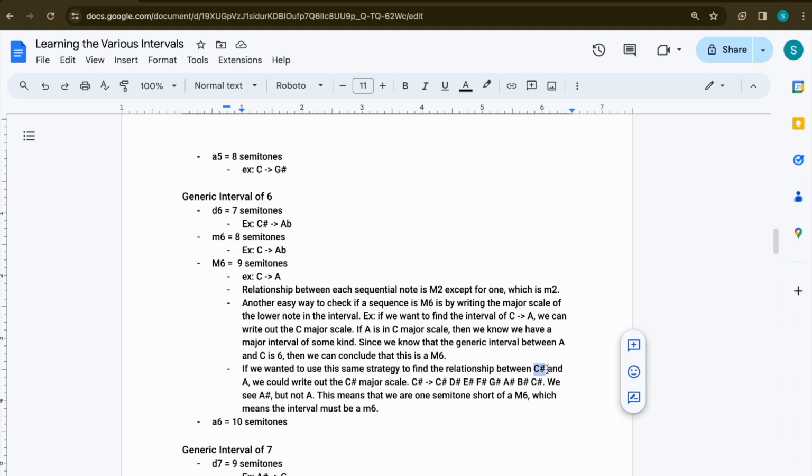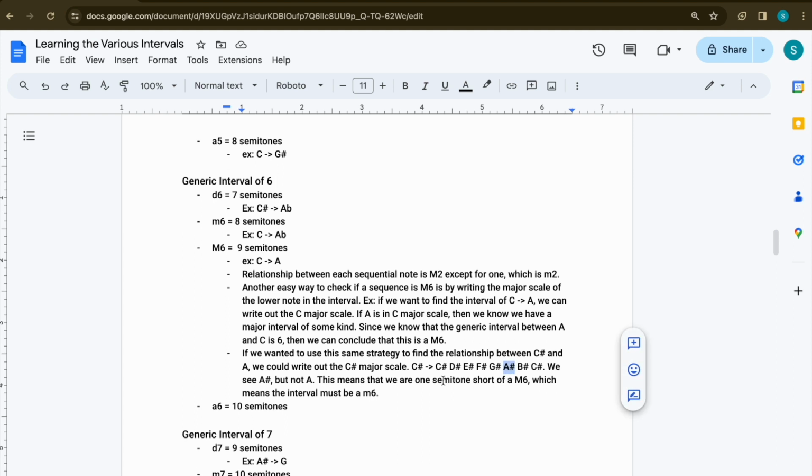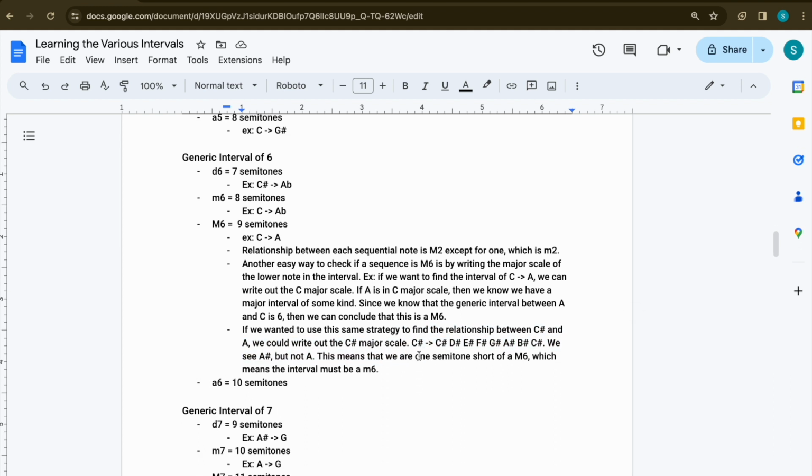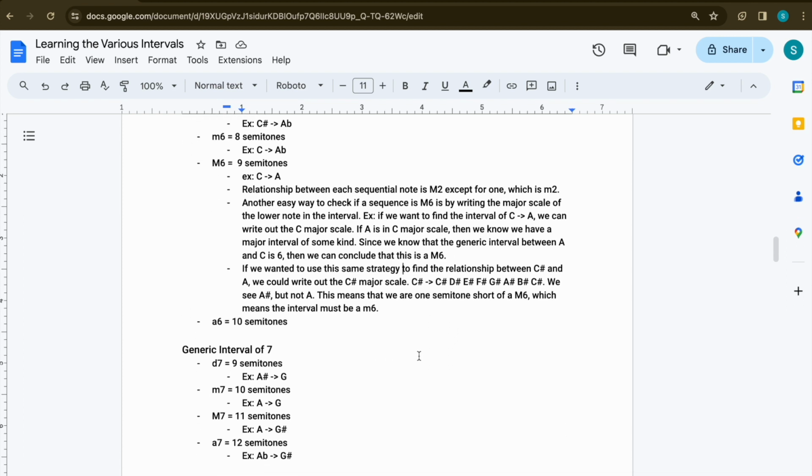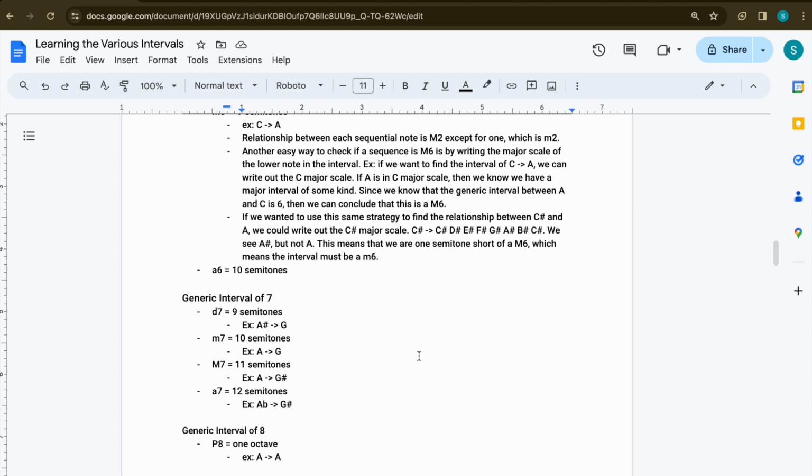So C sharp and A sharp, that would be a major 6 because A sharp lies in the major scale of C sharp. But that's just one trick, and I elaborated how you can use that if it's not exactly a major 6, if it's a minor 6 or something like that also, or diminished and so on and so forth.